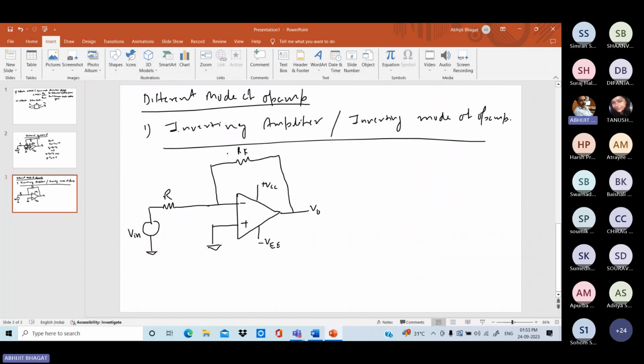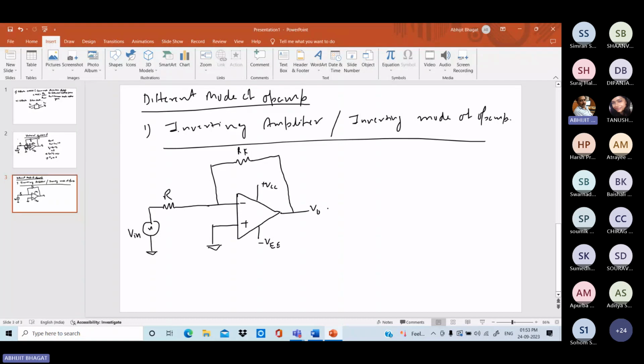So in case of inverting amplifier, your signal voltage, the voltage which is to be amplified, is applied to the inverting terminal. Negative terminal is the inverting terminal, positive terminal is the non-inverting terminal. So your signal voltage is applied to the inverting terminal.